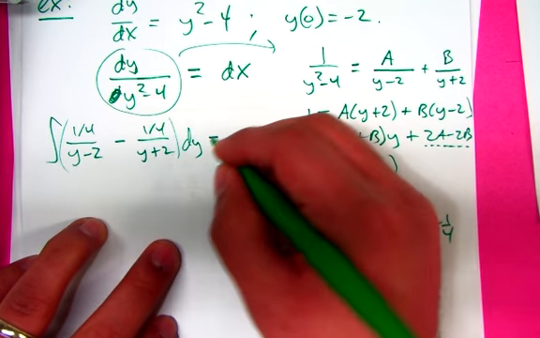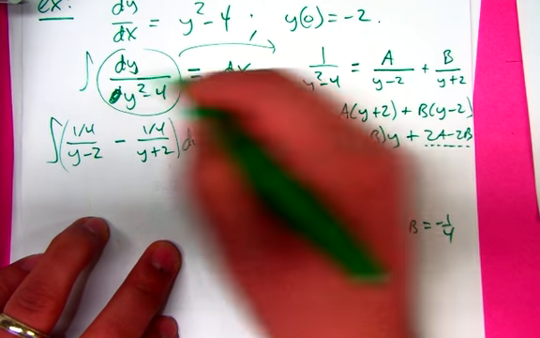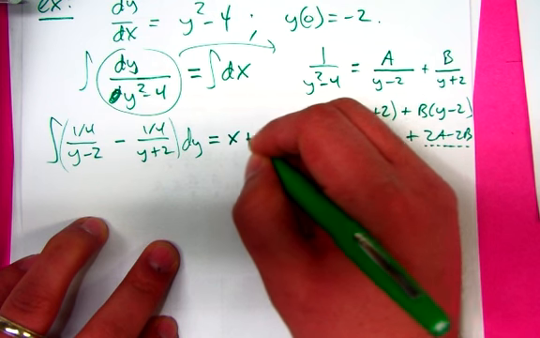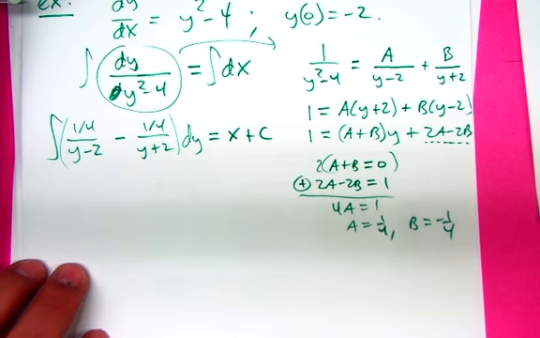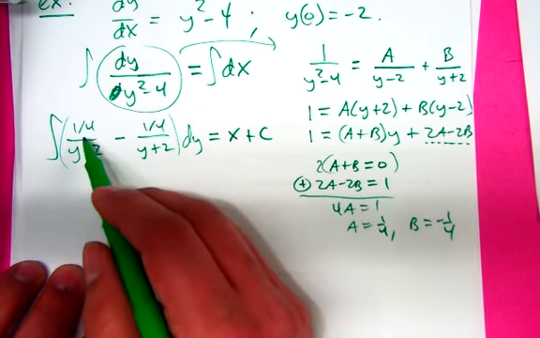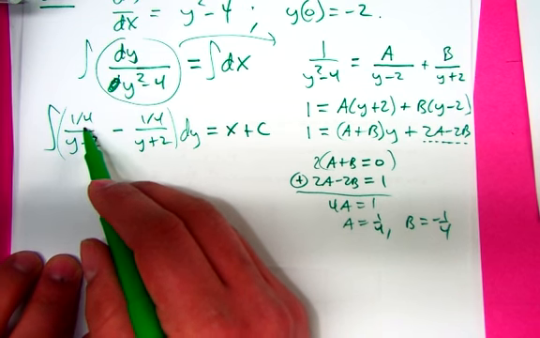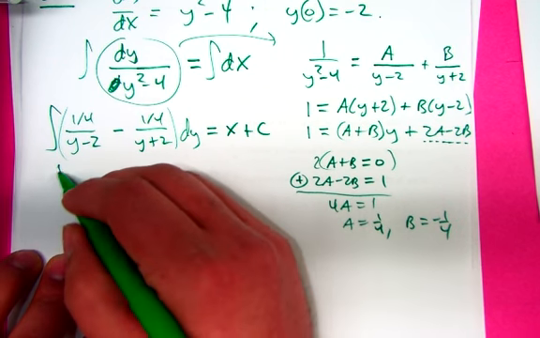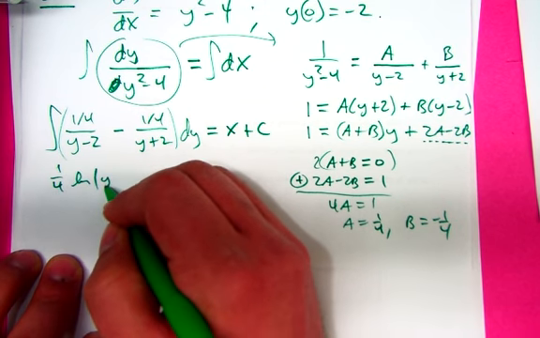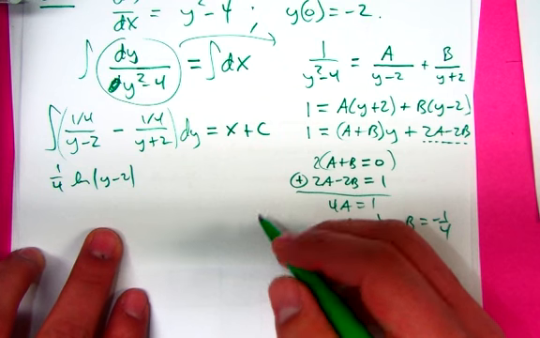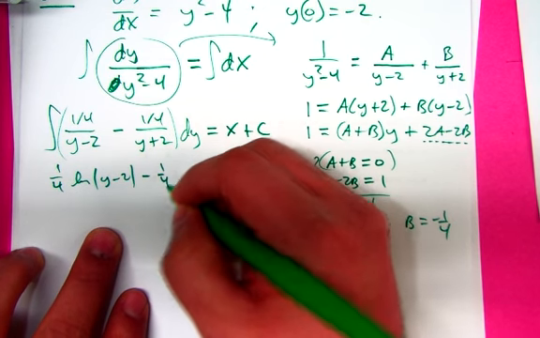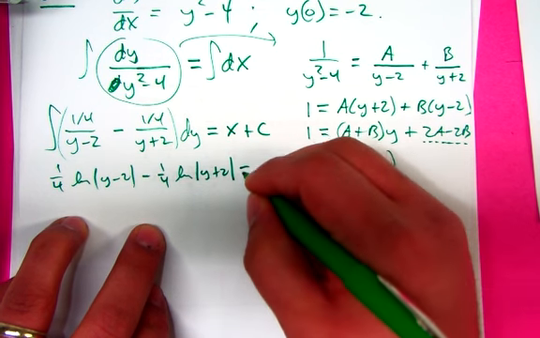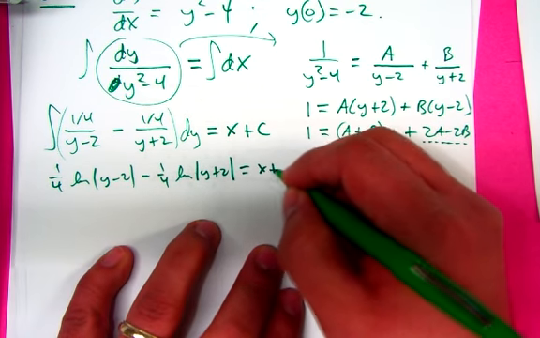And that equals the integral of dx, which is just x plus c. To integrate 1/4 over y minus 2, you get 1/4 natural log of y minus 2 minus 1/4 natural log of y plus 2 equals x plus c.